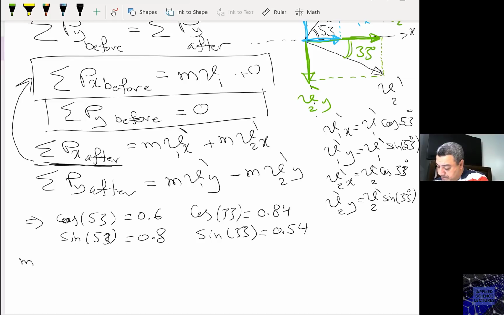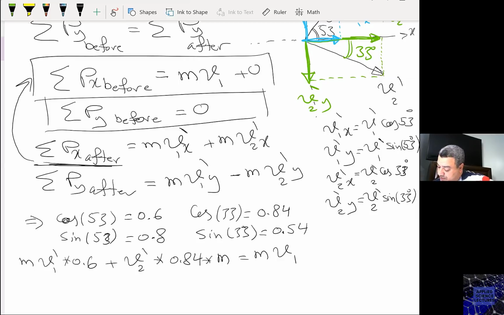m v1 prime x, which is v1 prime cosine 53.6, plus v2 prime times 0.84, equals m v1.